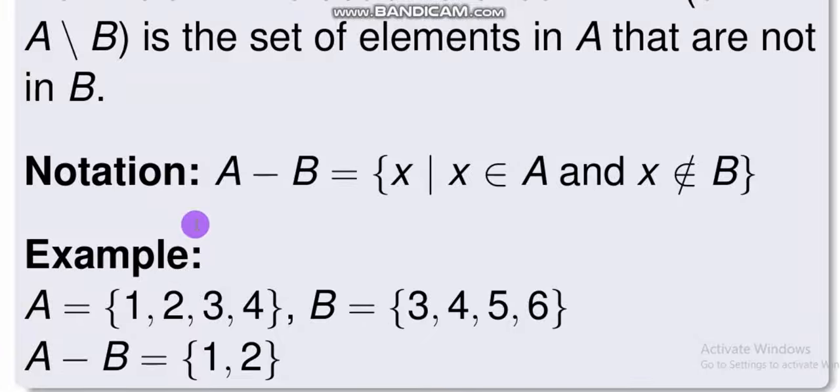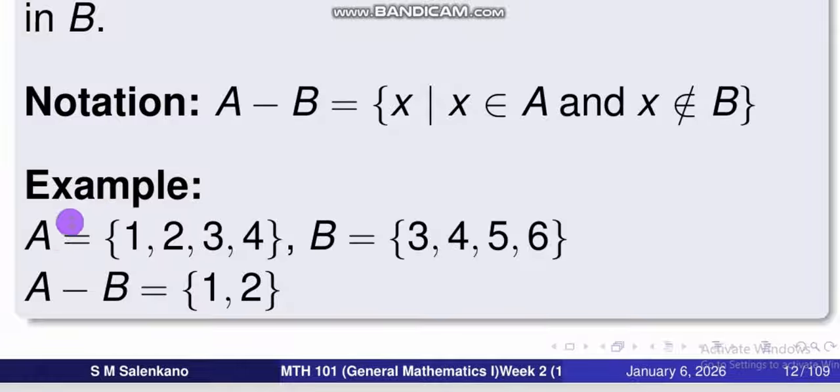So we are going to give examples here. Let's say we have set A, and set A has these elements 1, 2, 3, 4. Set B has these elements 3, 4, 5, 6, right?